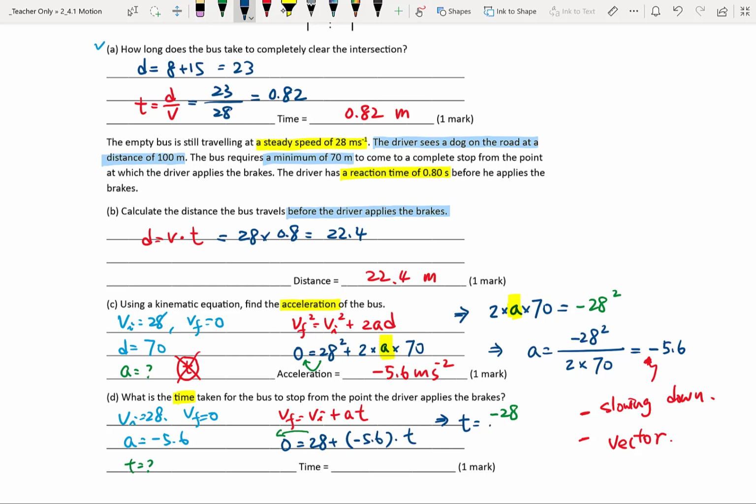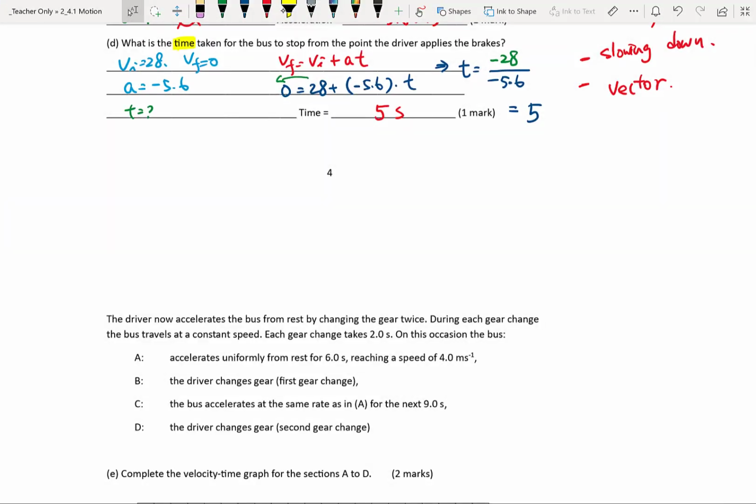And you divide it by negative 5.6. Negative divided by negative is positive. So the answer is 5. So it takes how long? 5 seconds.